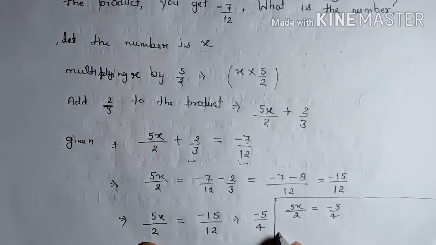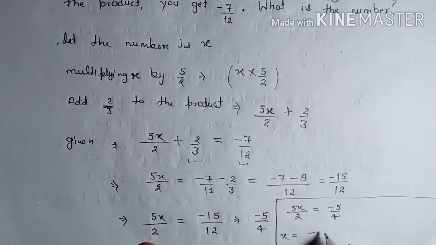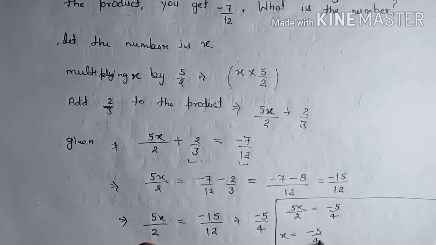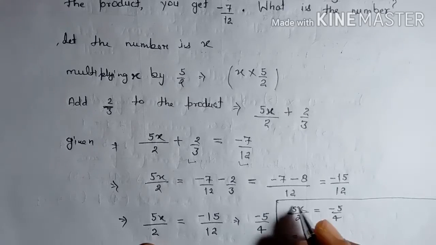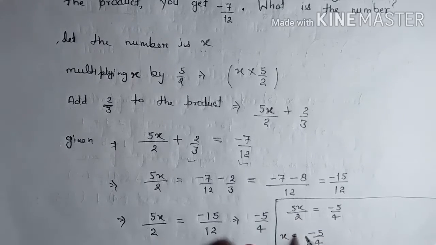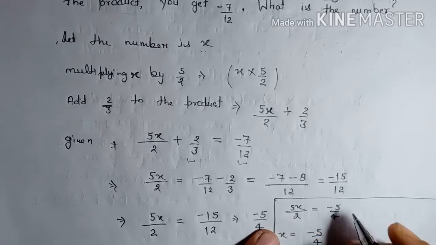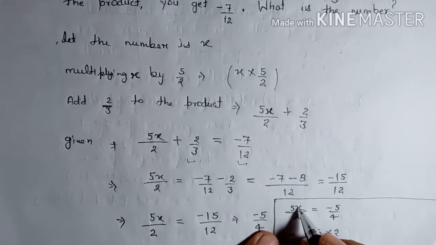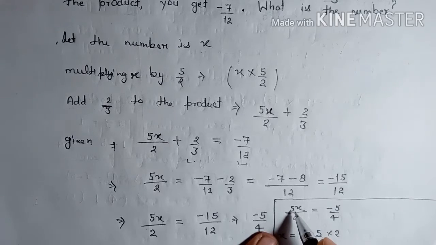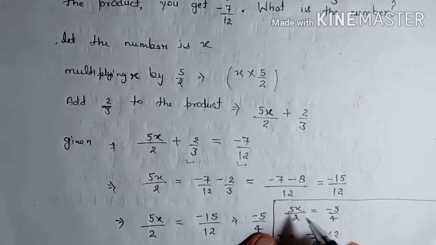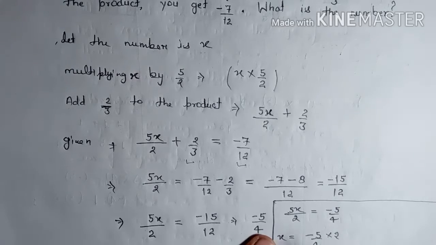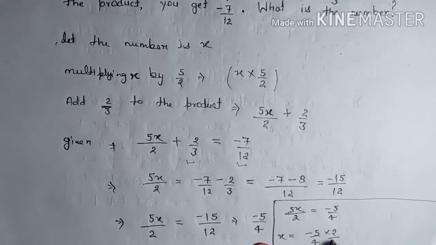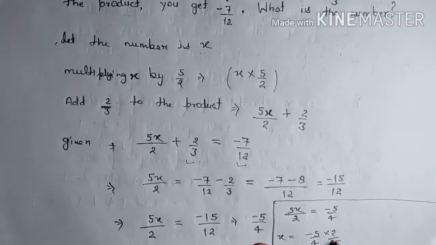So x will be, this time as I told in morning class, here 2 is dividing this 5x. So when you transpose this 2 from here, this time this will be multiplying here, and here 5 is multiplying in x. So this time when you transpose multiplication of 5, that will be dividing in this fraction. So 2 upon 5.